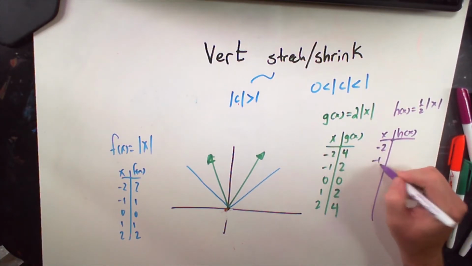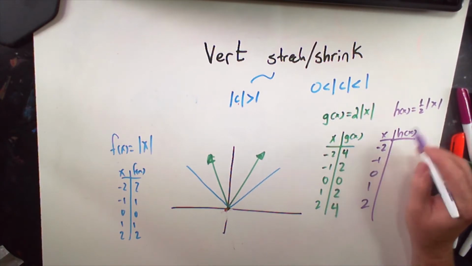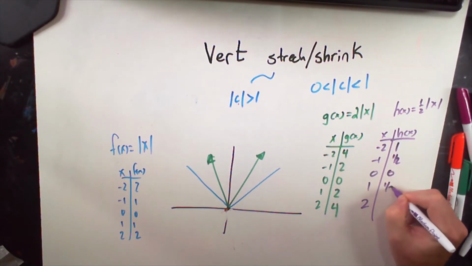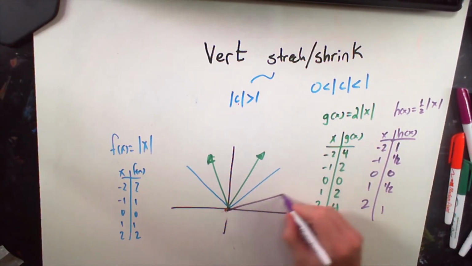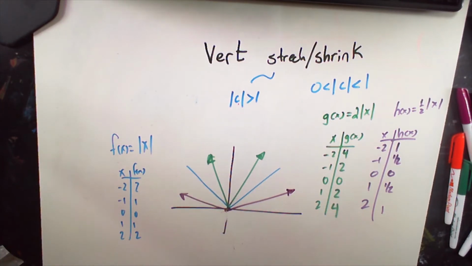So negative 2, negative 1, 0, 1, 2. Absolute value of negative 2 is 2 times 1/2 is 1. 1/2, 0, 1/2, 1. So this becomes a wider function.